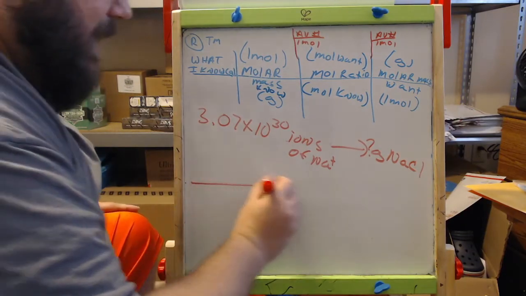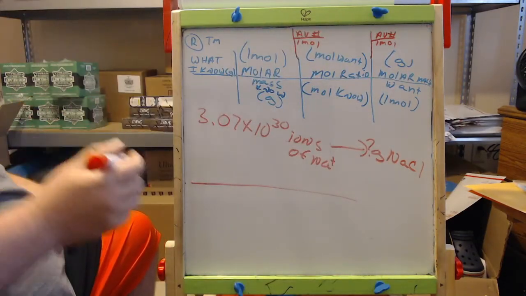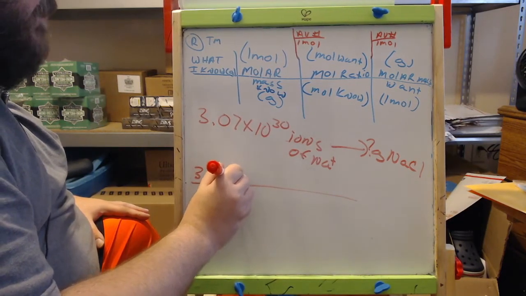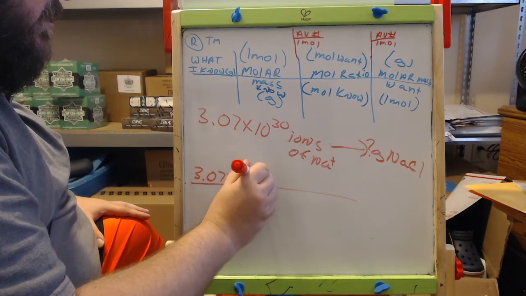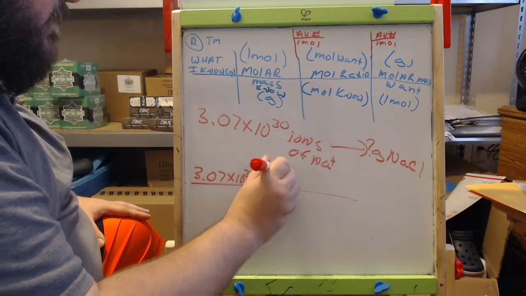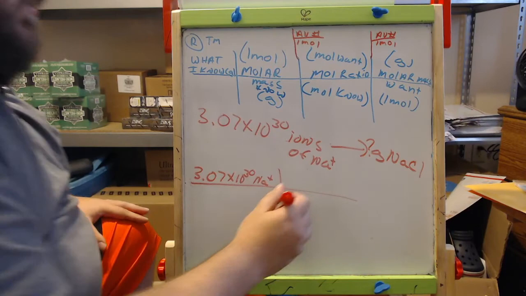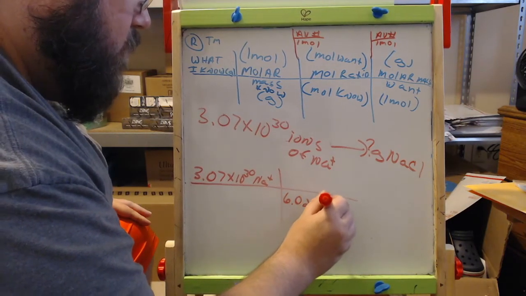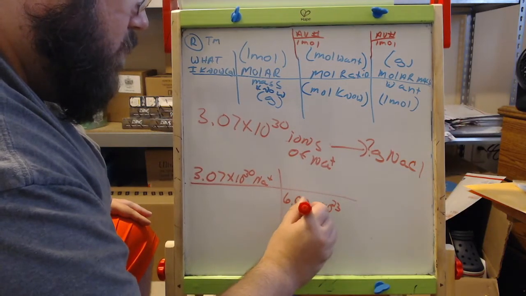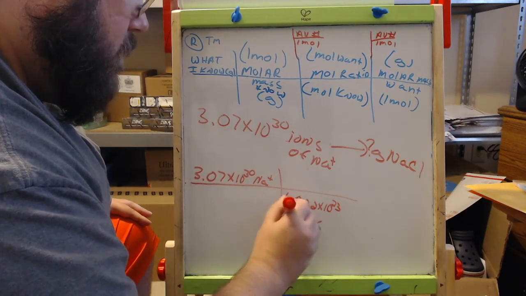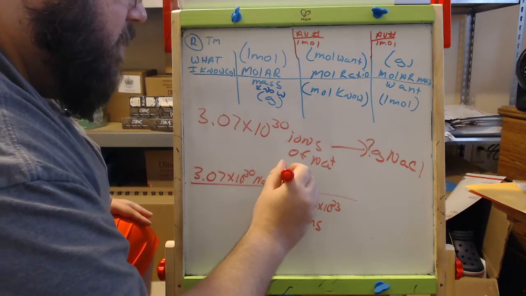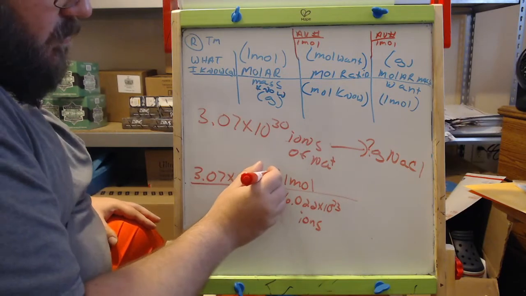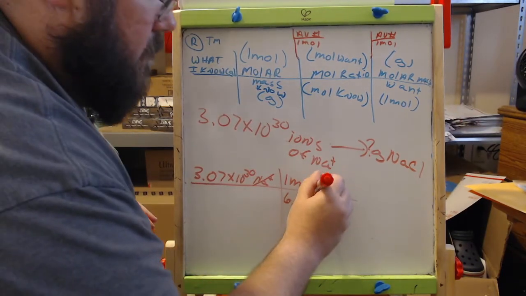So we work backwards. We're actually starting up here and coming back. I have 3.07 times 10 to the 30th sodium ions. I need Avogadro's number to cancel out the ions, and that's equivalent to 1 mole of sodium ions.